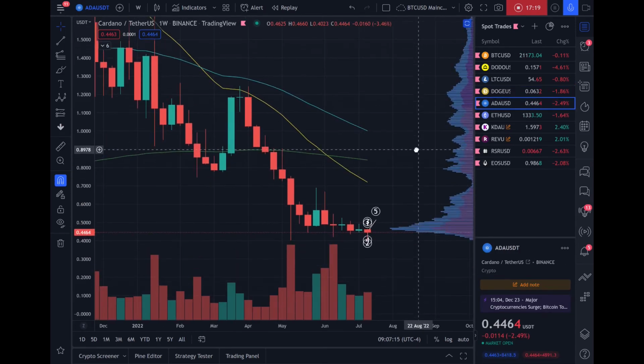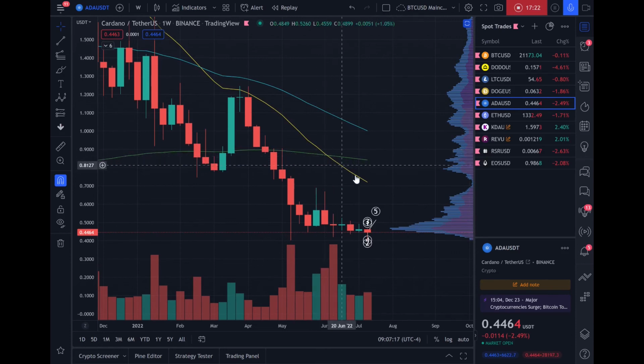Cardano, same idea. You've got a bear cross of these EMAs, this 144 and this 21 EMA on the weekly time frame, but I think they're going to cross bullish once again in the time it takes for the price to get up here, okay?